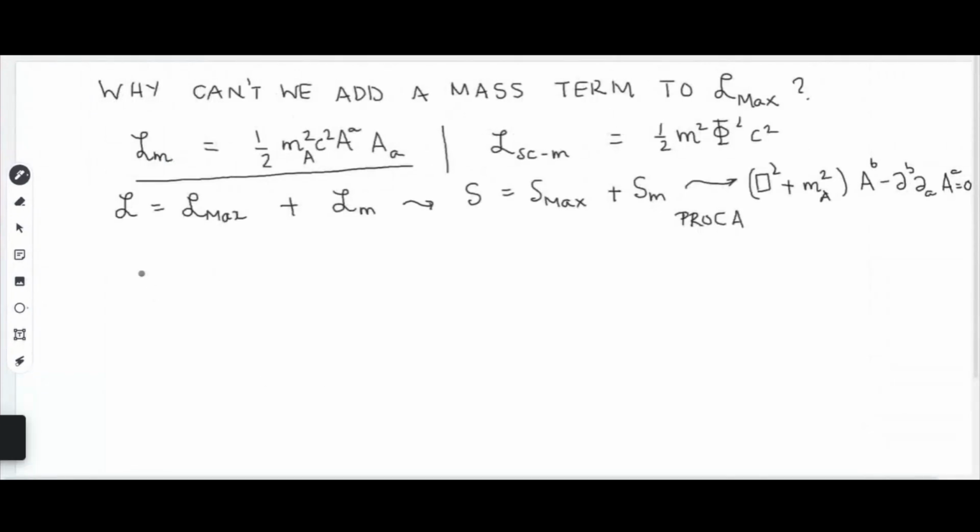So let us look at L prime_m, which is the gauge transformed part of this. We already know that the Maxwell action is gauge invariant. We won't worry about that. So L_m, the mass term, is it gauge invariant? That's the question we are asking now. So this will be A A. Oh, sorry.